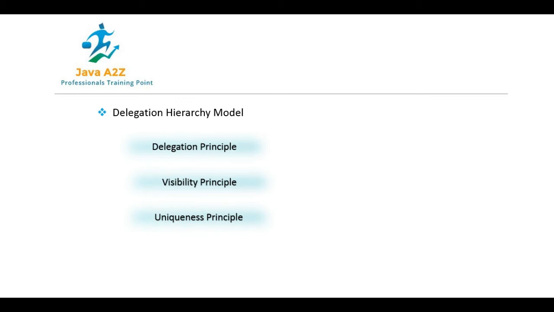So what are these principles? Delegation model means, as we already know, we have three class loaders. The system class loader is the child class loader, and whenever a request comes to load your .class file into the JVM, this system class loader delegates this request to the parent.